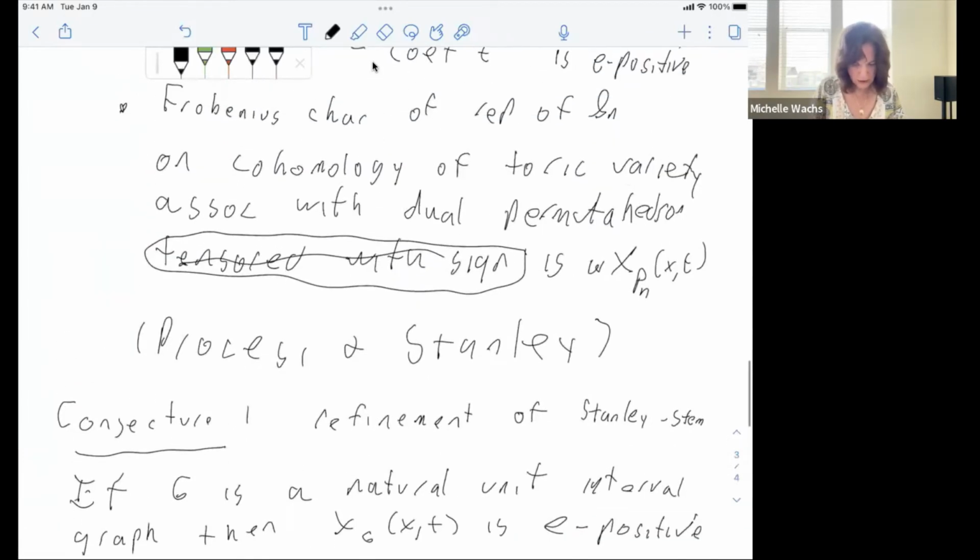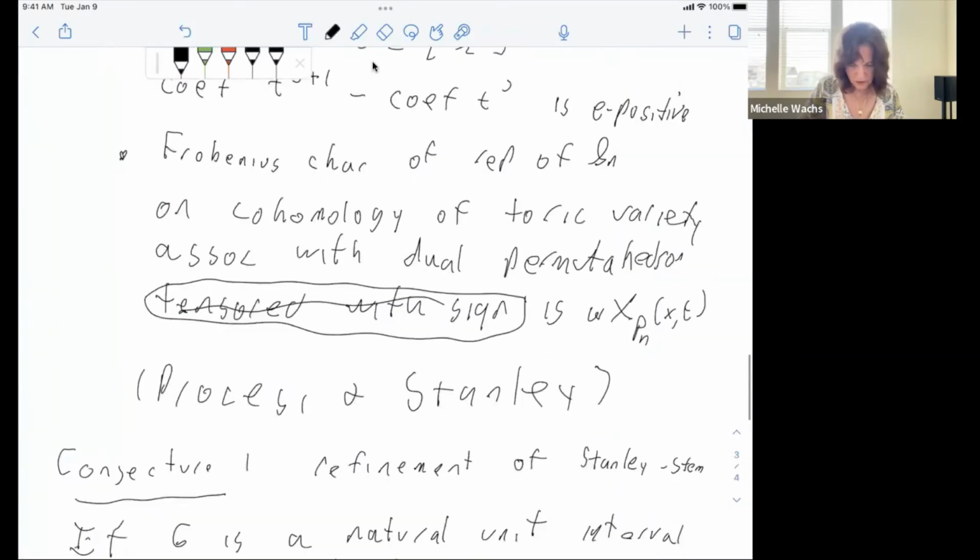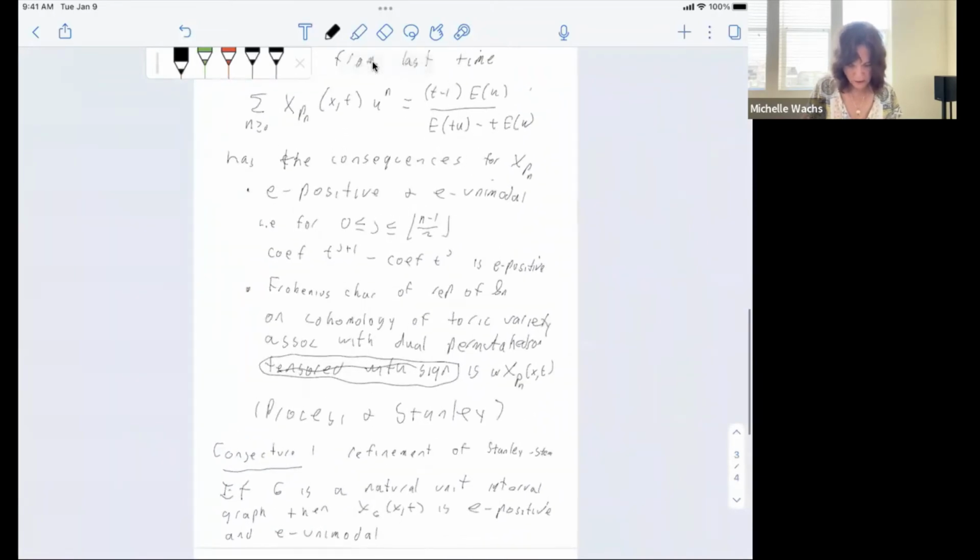And so that generalizes this first consequence. And then we also have a conjecture that generalizes this.